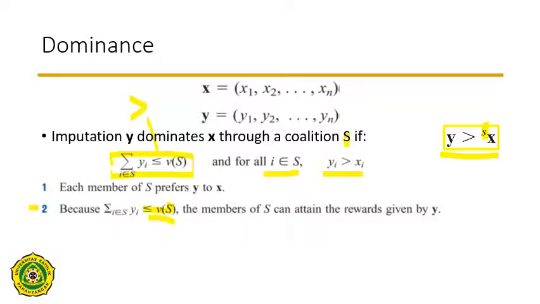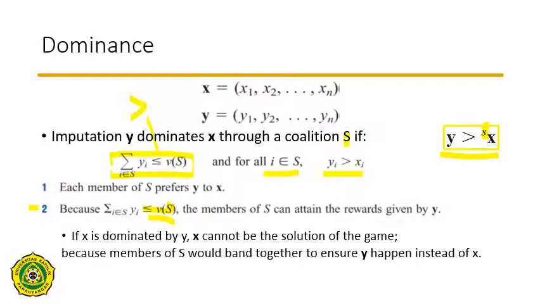If the conditions hold, it means that x will be dominated by y. In other words, x cannot be the solution of the game, because the players who can form the coalition S will form that coalition to ensure that imputation y happens instead of x.